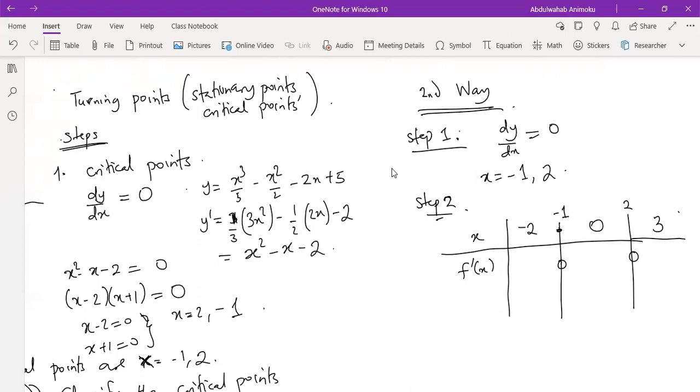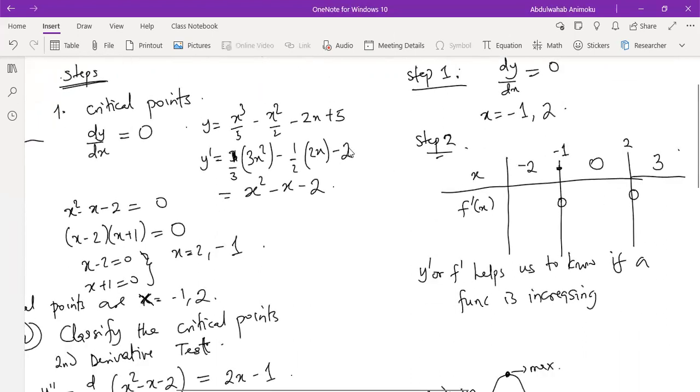Now, why are we doing this? Because what information is encoded in the derivative of a function? The information there is that y prime or f prime helps us to know if a function is increasing or decreasing at a point.